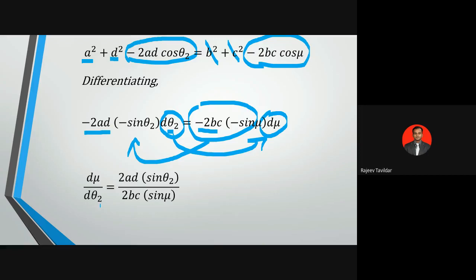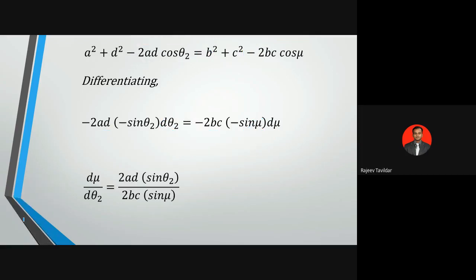So d mu upon d theta 2 is equal to 2ad sin theta 2 divided by 2bc sin mu. Both have minus signs, so they cancelled, and I've written a positive sign here. Is it clear?